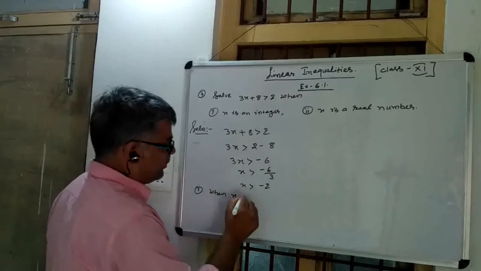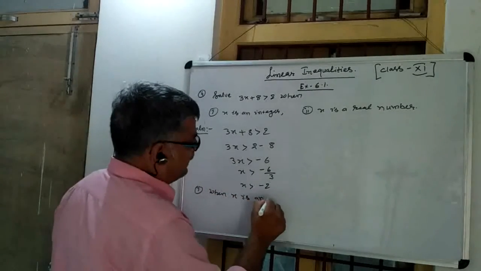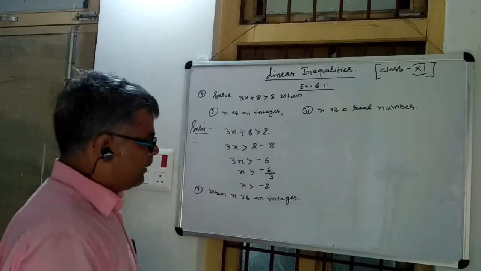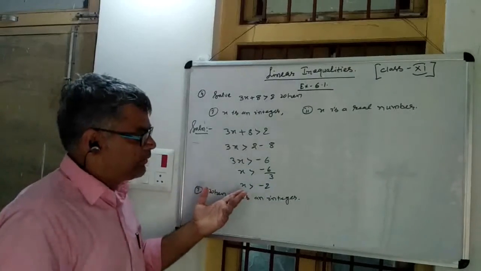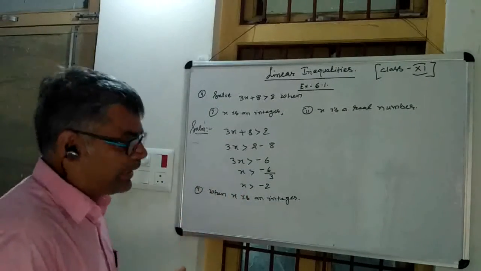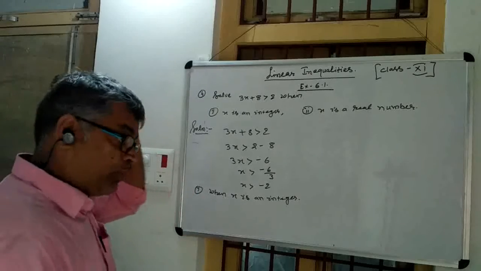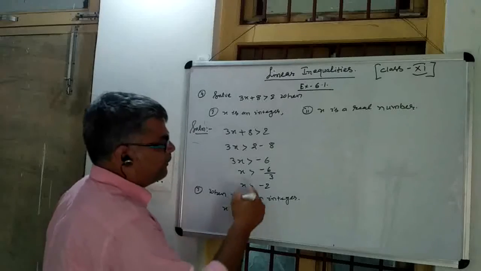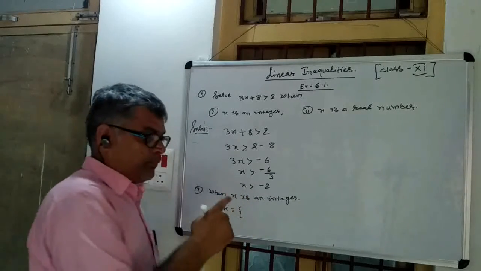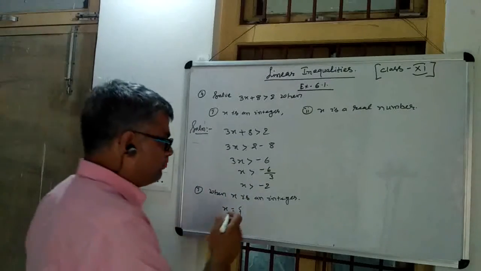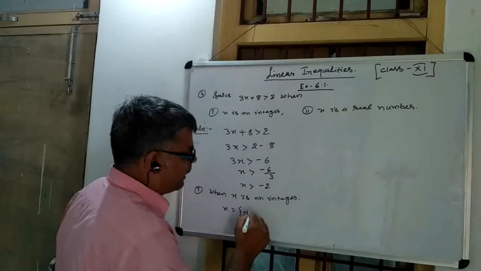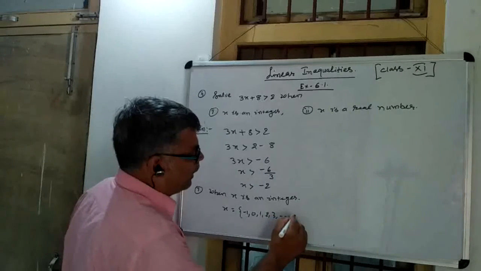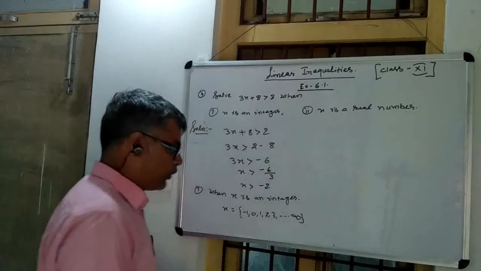When x is an integer, it means that the solution of x is those integers which are greater than minus 2. So the solution set of x will be the integers more than minus 2: minus 1, 0, 1, 2, 3 up to infinity. So this is your solution.